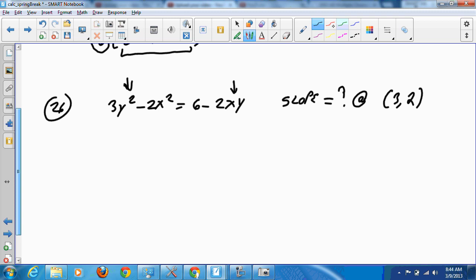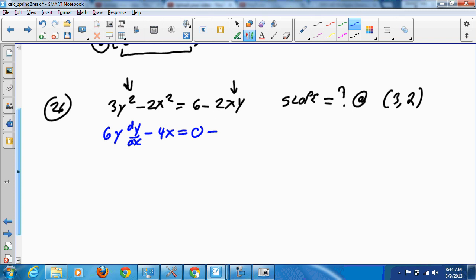Let's use blue. So the derivative here would be 6y. We took the derivative of y, so we have to include the dy dx. Here we have minus 4x dx over dx. 6 is just a constant, turns to 0.